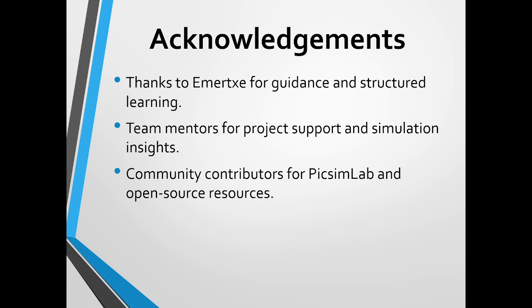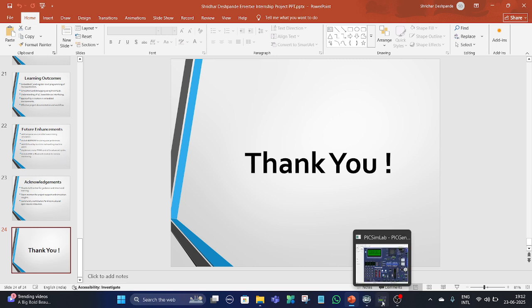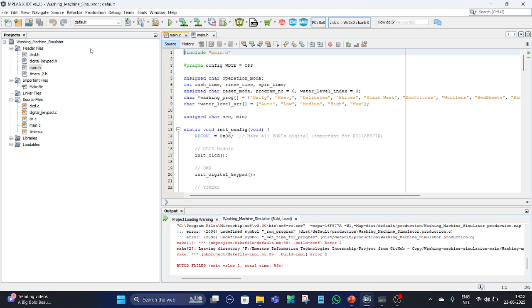So let's start with the demonstration of the project using Pixim Lab and MPLAB X IDE. So this is the MPLAB X IDE version 6.25. Here we can write our program and build and debug it using MPLAB X IDE.